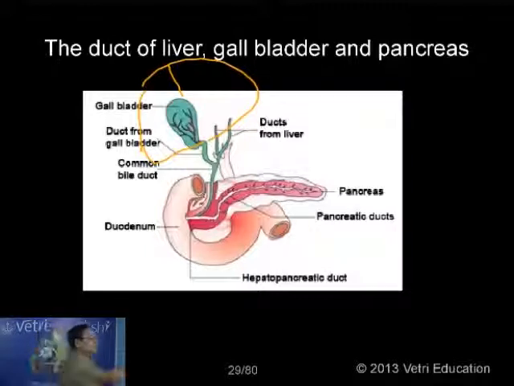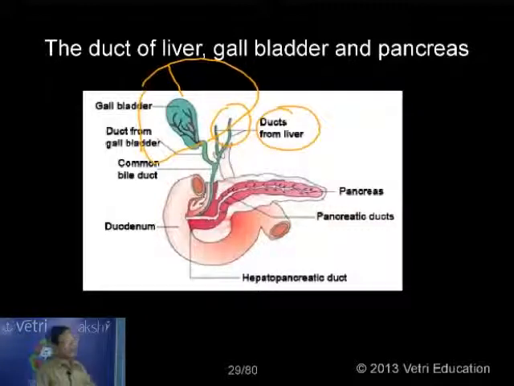Now this is the gallbladder, the green structure where the bile is stored, and we have the hepatic ducts from the different lobes and lobules of the liver. This is the duct from the gallbladder, called the cystic duct, and both join together to form a common duct, called the common bile duct.